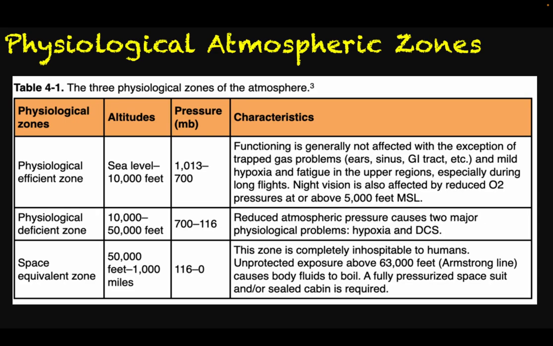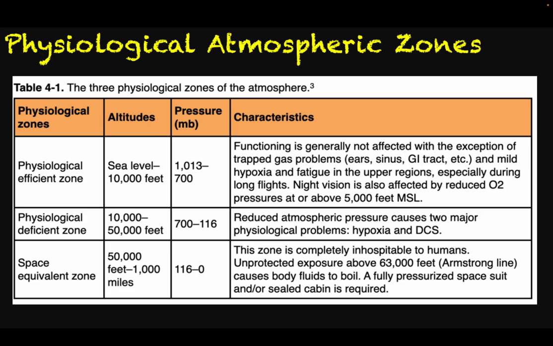So we can also define the physiological atmospheric zones of the Earth's atmosphere, and this is based on how the human body responds to different levels of altitude. First, you have what is called the physiological efficient zone, which runs from sea level to 10,000 feet. The characteristic here is that a person can conceivably exist at this range of altitudes without really being too terribly affected by the altitude and the hypoxia that occurs.